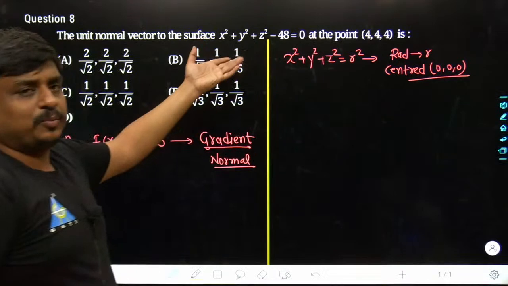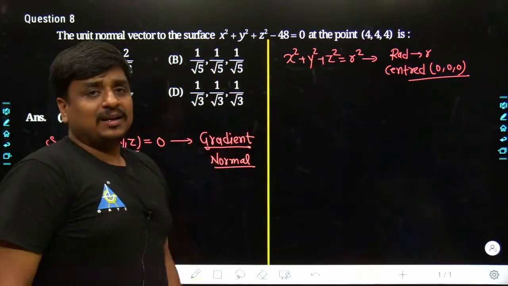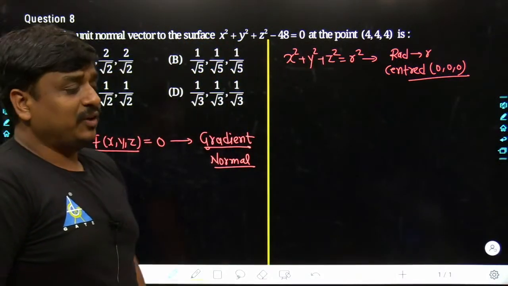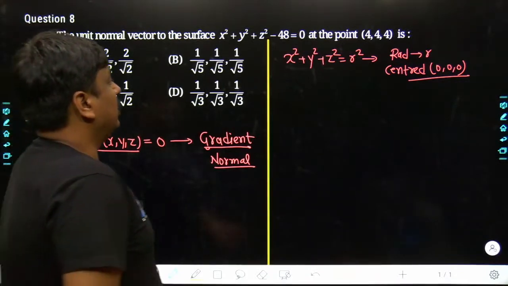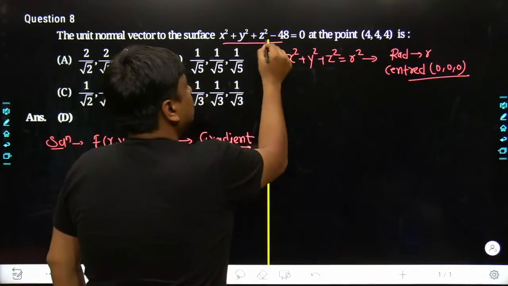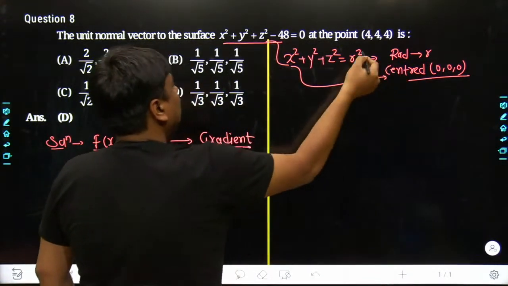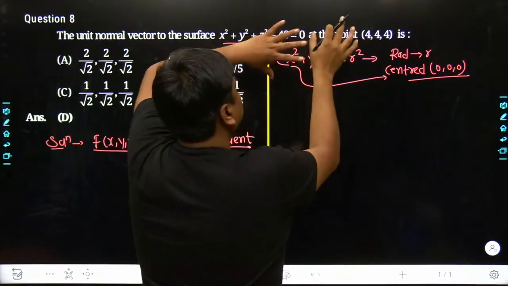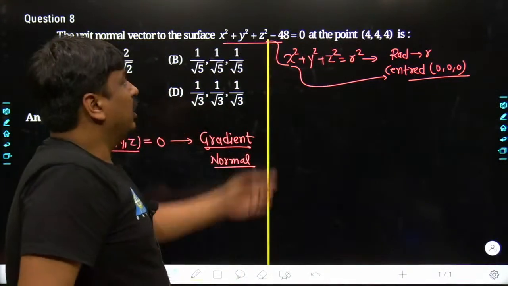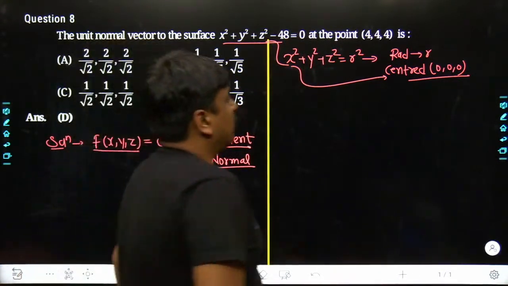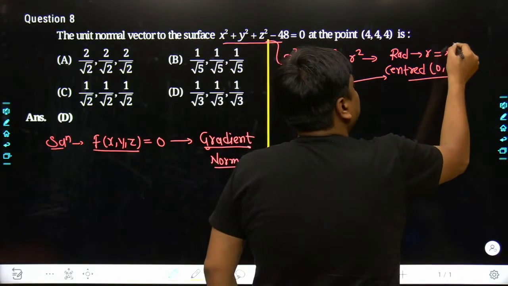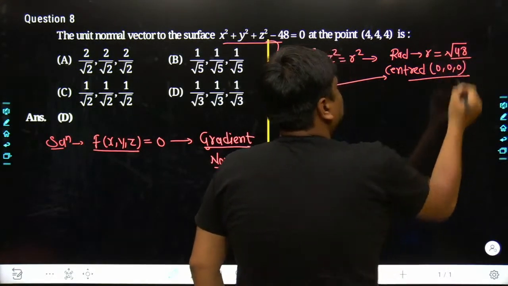Obviously, the structure of this surface exactly matches x square plus y square plus z square equals r square. Once you compare both, you will get to know both are centered at the origin, and when the minus 48 goes to the right-hand side it becomes 48. 48 gets compared with r square, so the value of r would be simply root over 48.